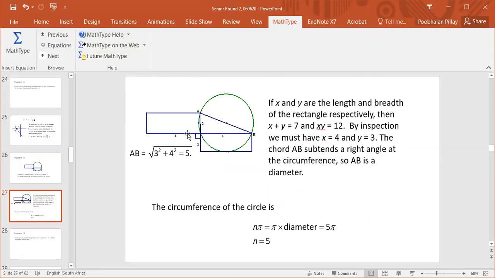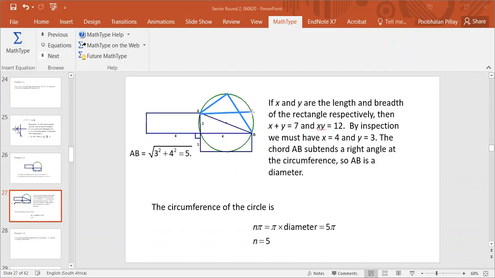Now, it's an important fact. The grade 10s might not be aware of this, but if you've got a circle and you've got a diameter, and you take any point on the circumference, no matter where you take the point, and I join the ends of your diameter to that point, the nice thing is, this angle here will always be a right angle.